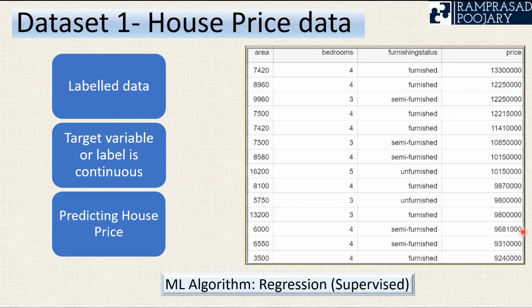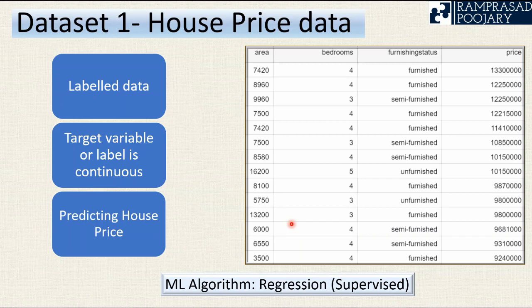A supervised algorithm needs to be used here because we have labeled data where x are the features and y is the target variable. So x and y are given to us, and predicting the house price is the problem for a machine learning model. So a regression algorithm can be used here.